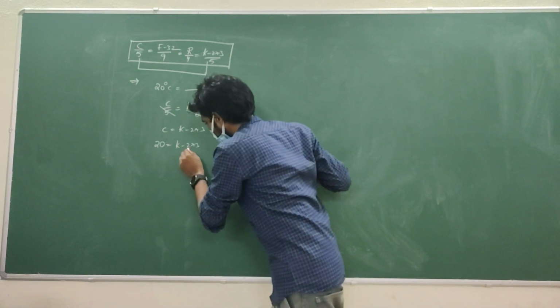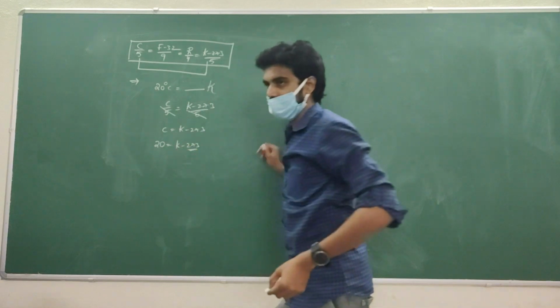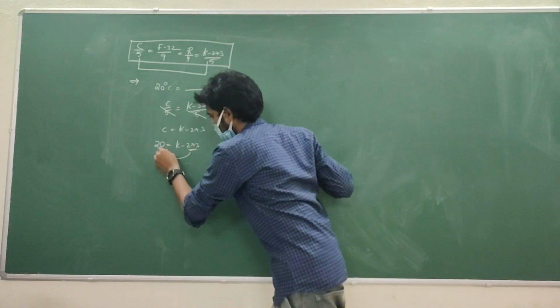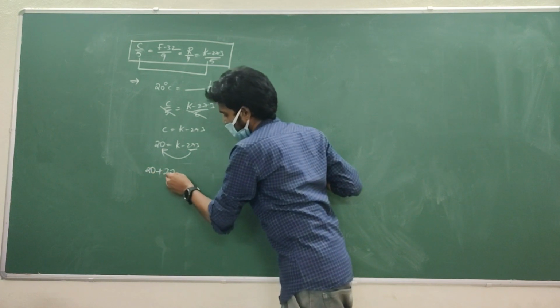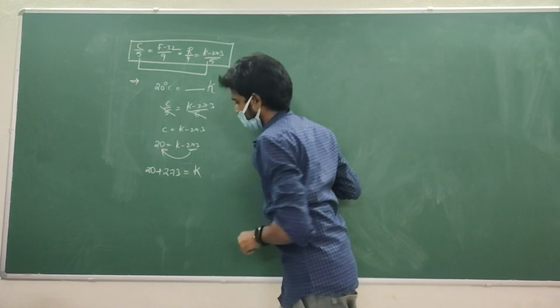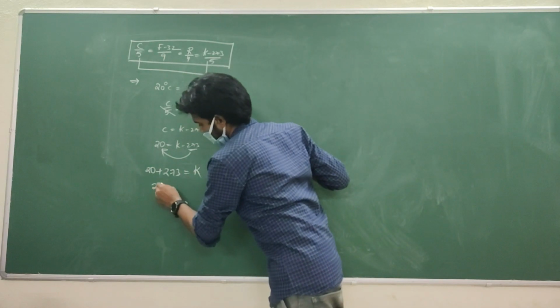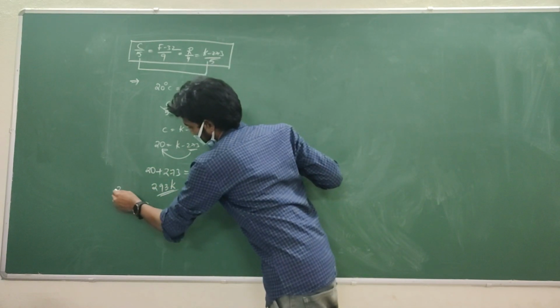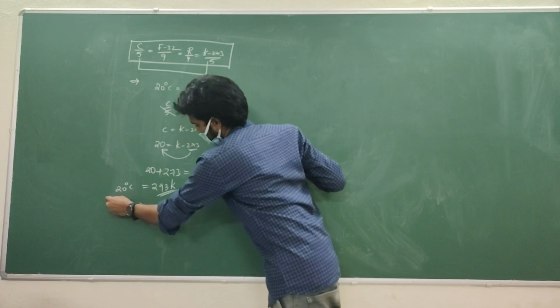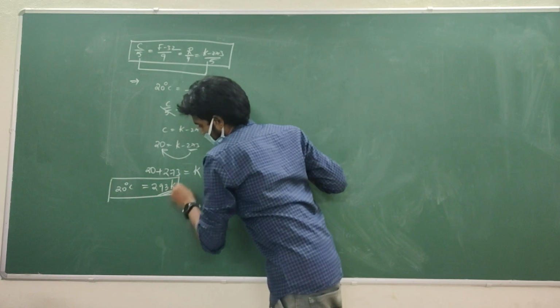So here 273 is being subtracted from the K value. Now I just want to send this to the other side. What happens? It becomes a plus. 20 + 273 = K. Overall, if we add, we get a value of 293 Kelvin, which means 20 degrees centigrade is equal to 293 Kelvin, right.